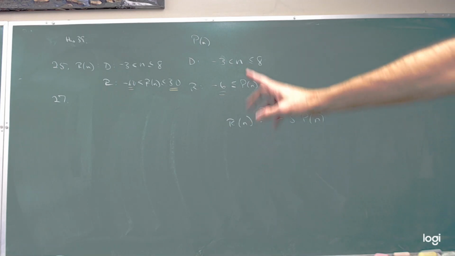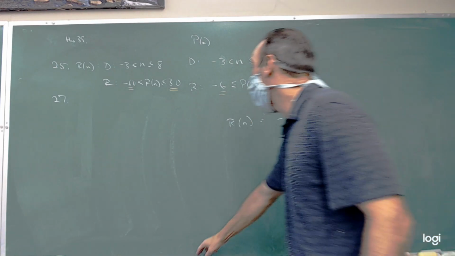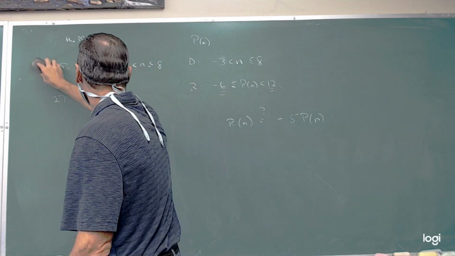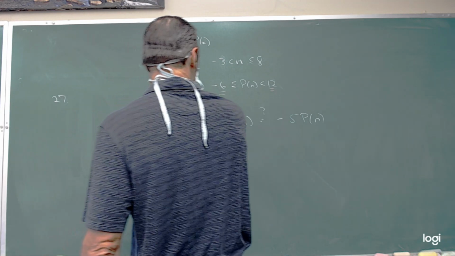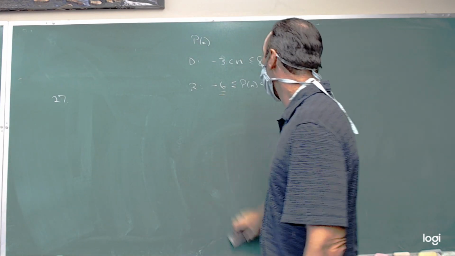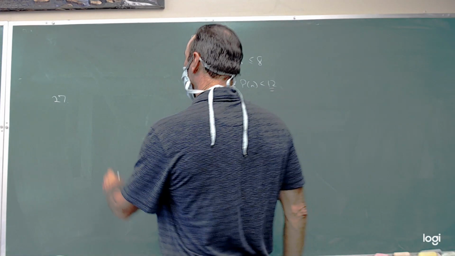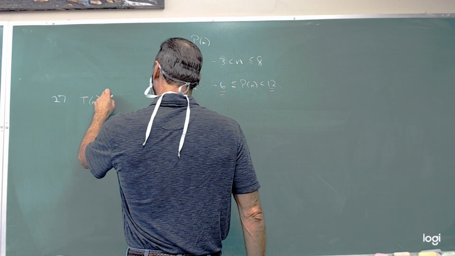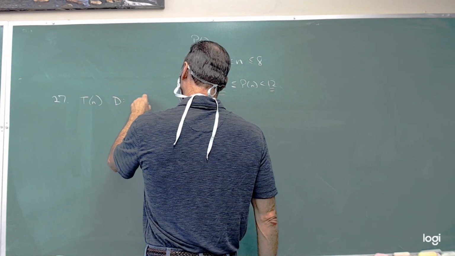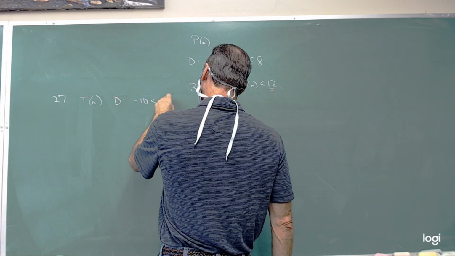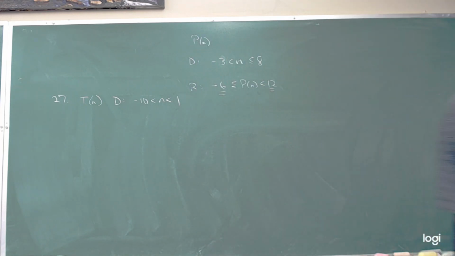So we still have the same p of n with its same domain and range. So I'm just going to get this one out of the way. And 27 is now saying the domain of t of n is negative 10 to 1. One of those is an or equal to, one is not.